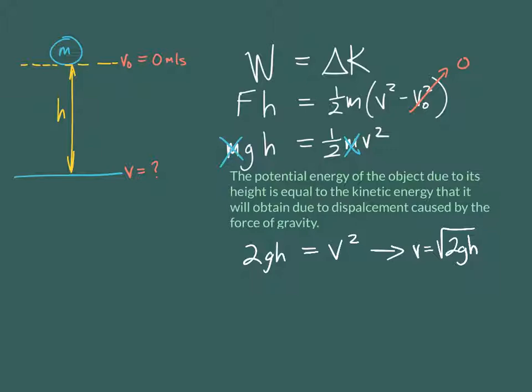Now, how many times have you heard that? If I drop 2 things at the same height, are they going to fall at the same rate? And yes, they will fall at the same rate, which means they're going to have the same speed when they fall. All right, so the mass of the object isn't going to make it go faster in free fall.